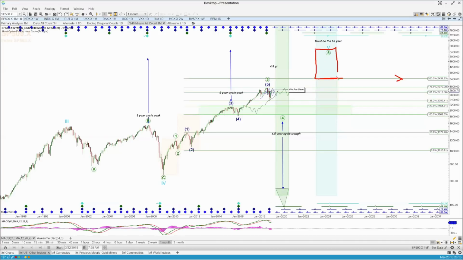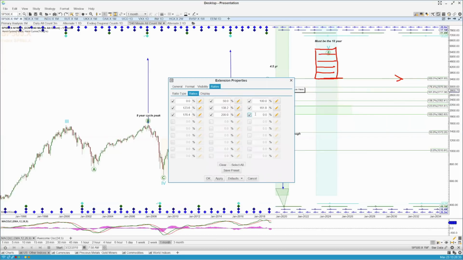and we will then subdivide this box into Fibonacci levels 23.6, 38.2, 50, 61.8, so on and so forth. And the way that will look is, to keep things simple, we will simply add those ratios to these Fibonacci projections on the right-hand side of this chart.